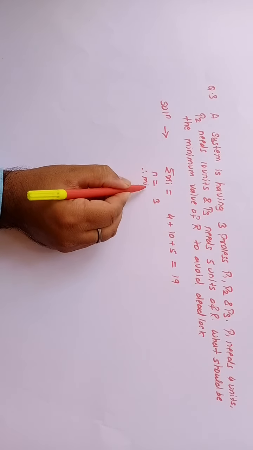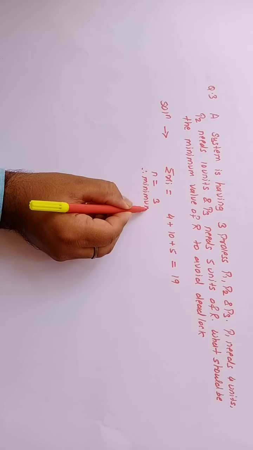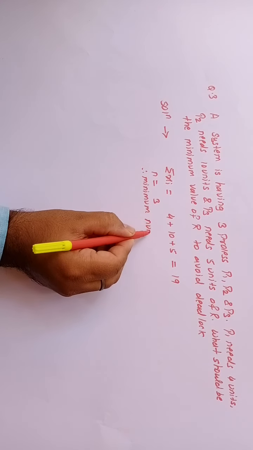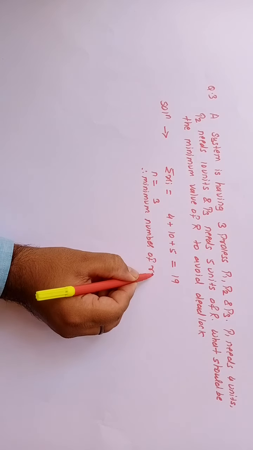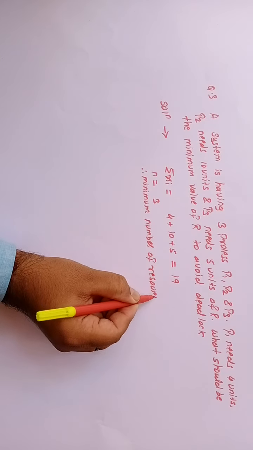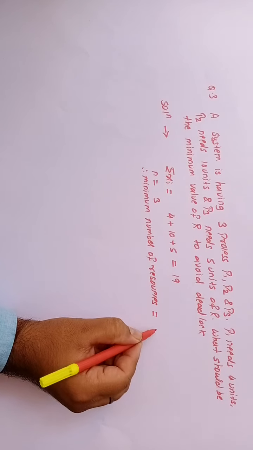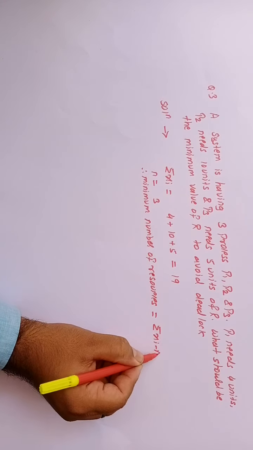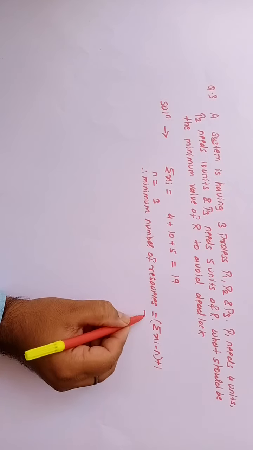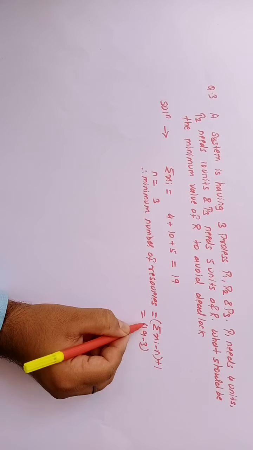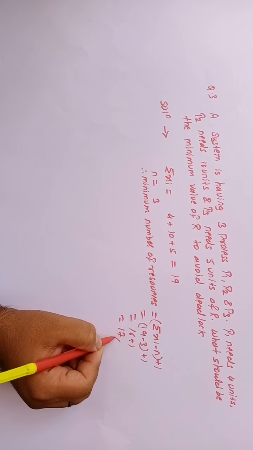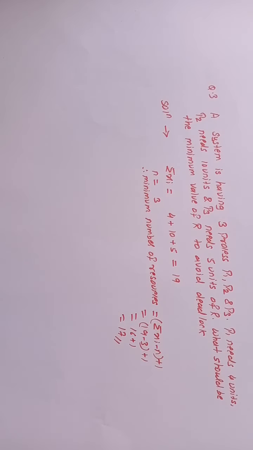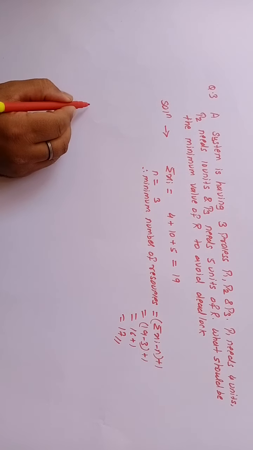Therefore, the minimum number of resources to avoid deadlock is summation of xi minus n plus 1, that is 19 minus 3 plus 1, that is 16 plus 1, that is 17. So with 17 resources, the system is always in a deadlock free state.